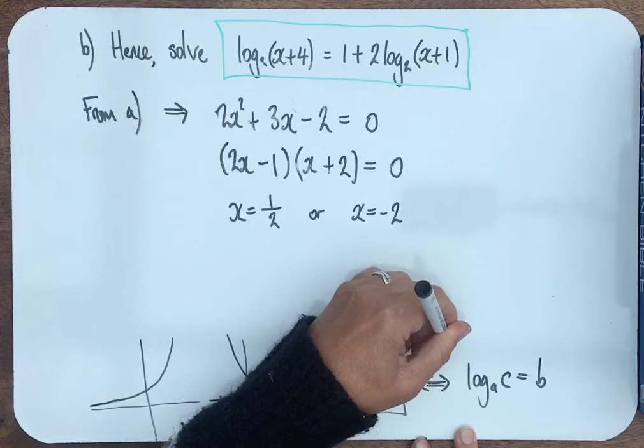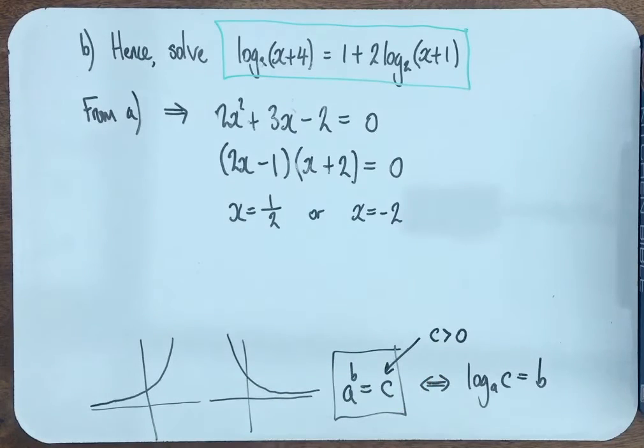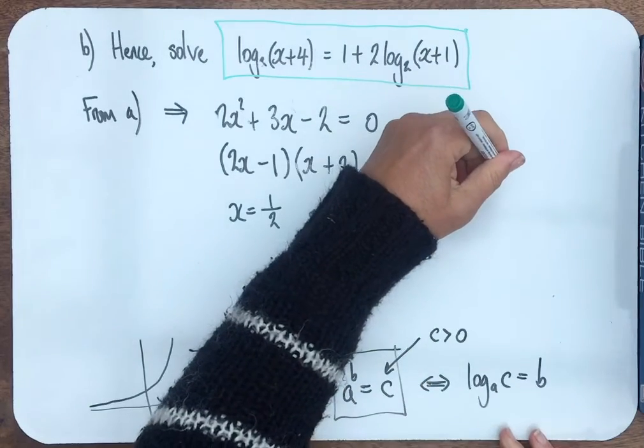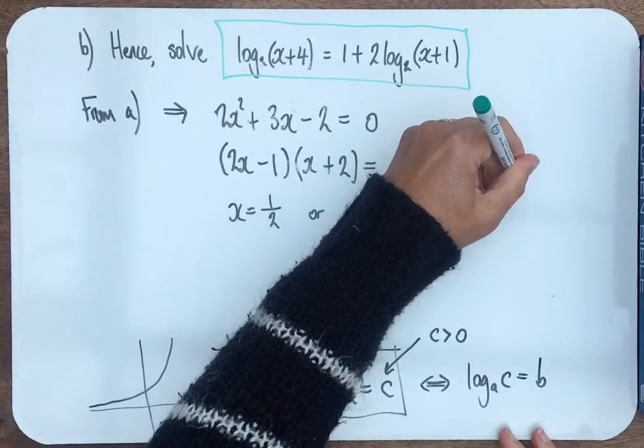So c is bigger than 0. It can't equal 0. 0 is your asymptote. What that means is that you can't log 0 or a negative number.